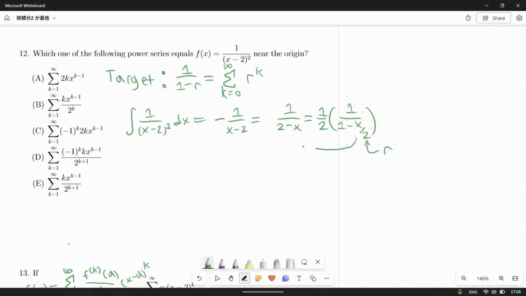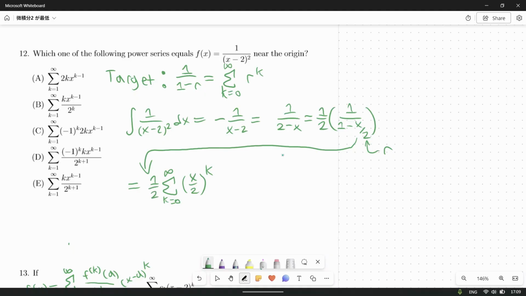And then now we can just turn it into this series, this being equal to the sum from k is equal to 0 to infinity. And then since r is equal to x over 2 in this case, we just have to replace this r with x over 2. So we'd have the series of just (x over 2) to the k power. And then also, since we took out a 1/2 here, we're also going to have to keep a 1/2 here as well.